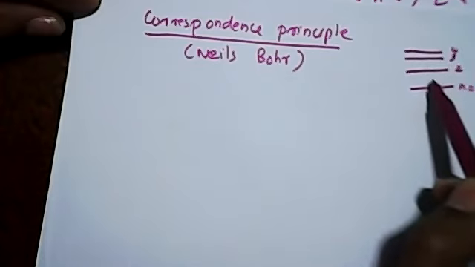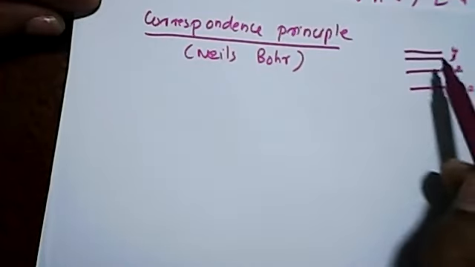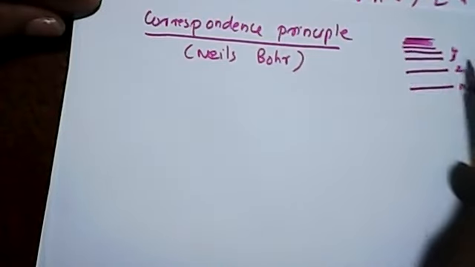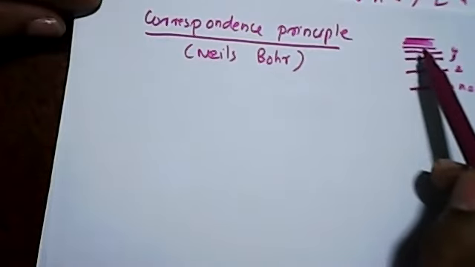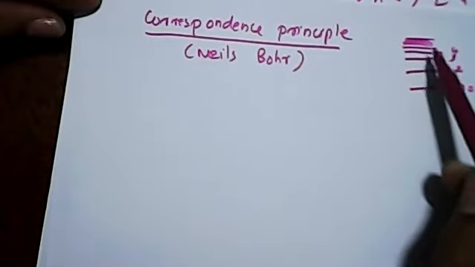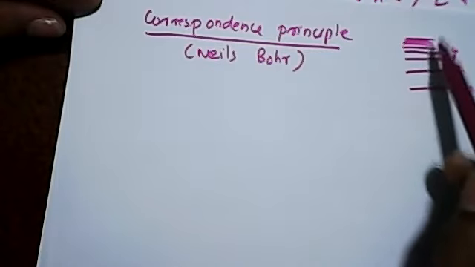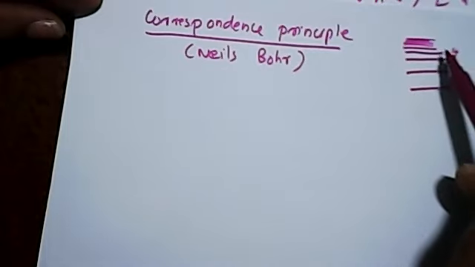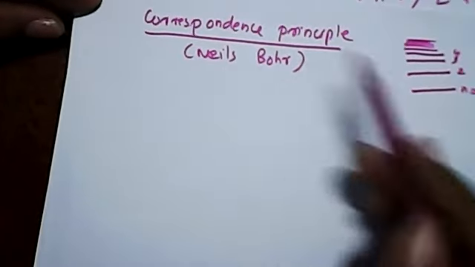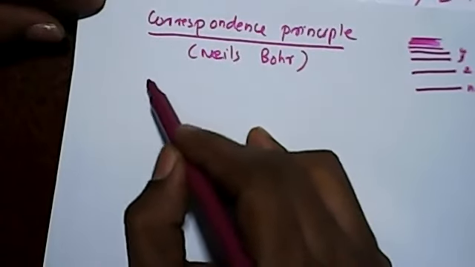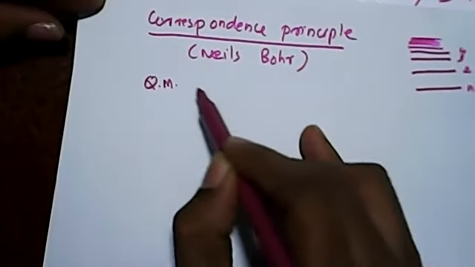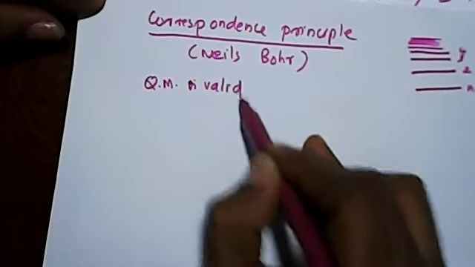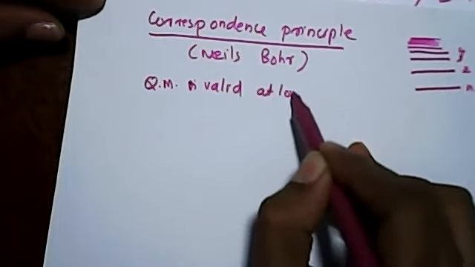We have already learned that as we go up, the spacing decreases, and finally it becomes a continuum. The energy levels are very close to each other, so the discreteness vanishes and the energy levels become a continuum as you go to very high energy levels. So the principle says quantum mechanics is valid at low quantum numbers.